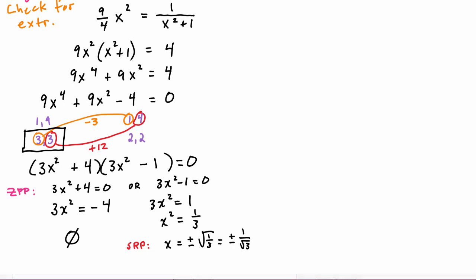And we can rationalize that, rad 3 over rad 3. So now we have that x is plus or minus radical 3 over 3. And now these values have to be checked.